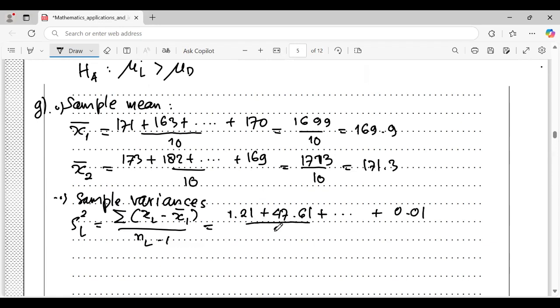Divided by 9, the result is 48.54. That is for S L.